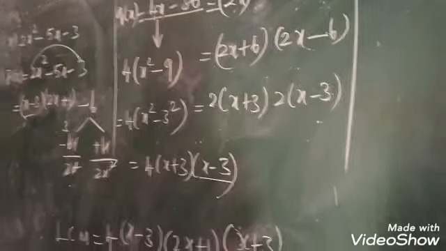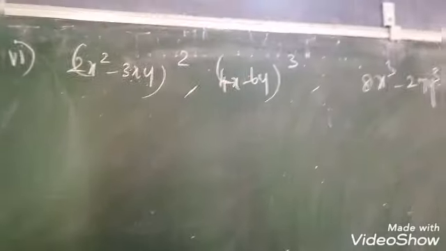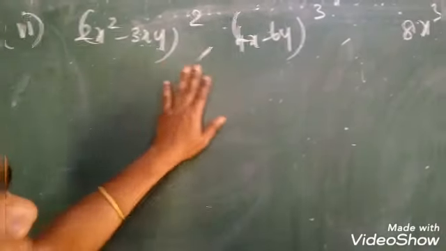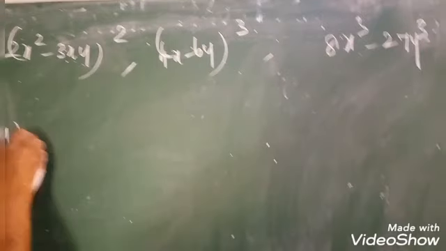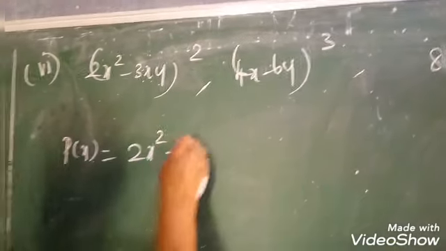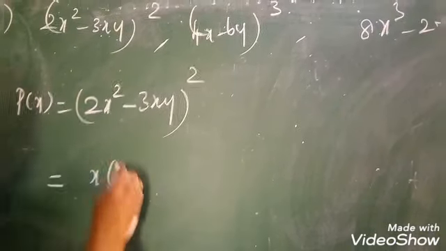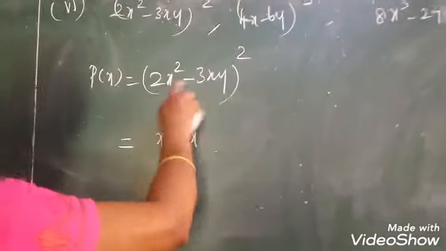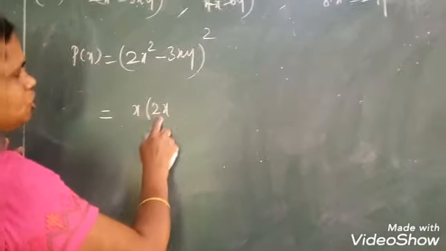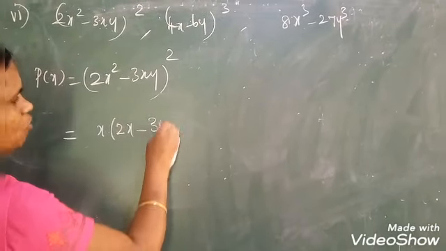Okay girls. Next see the sixth sum. 3 terms are given. First let us take p of x. What is p of x? 2x squared minus 3xy, the whole square. Now I am taking x as common. X is taken out, and the remaining is 2x minus 3y.